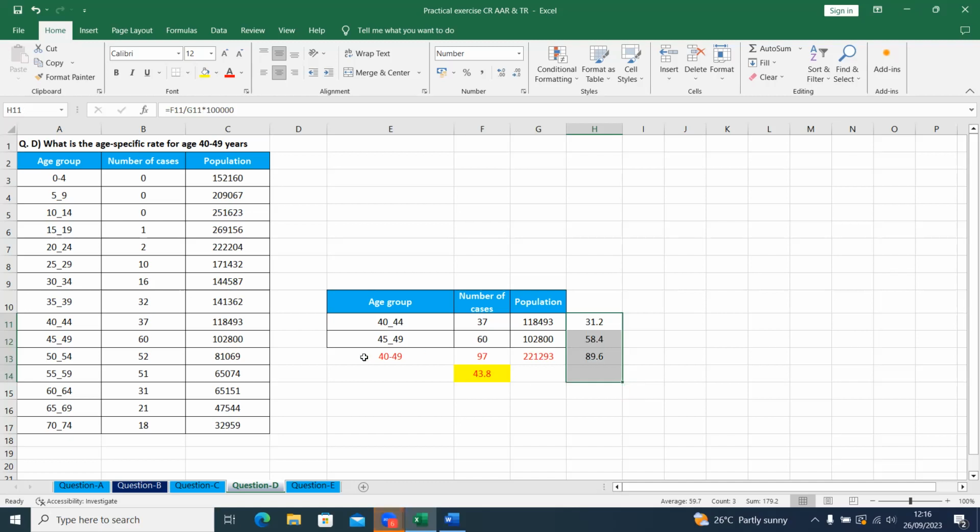When you are asked to calculate the age specific rate for a different age group, first you need to add the number of cases of that age group along with the population, and then you have to apply the formula.